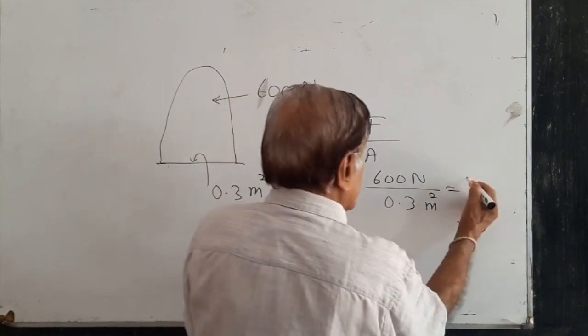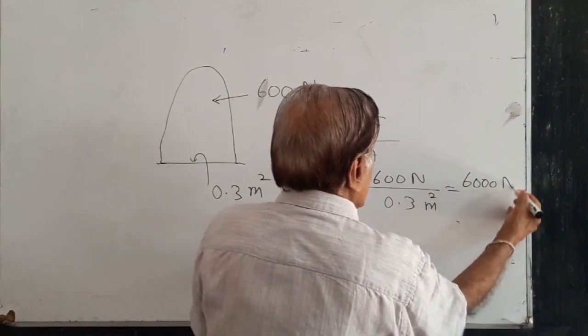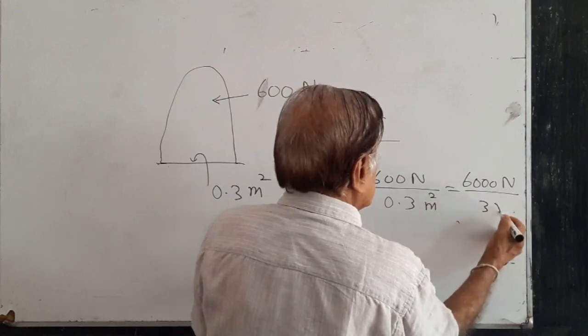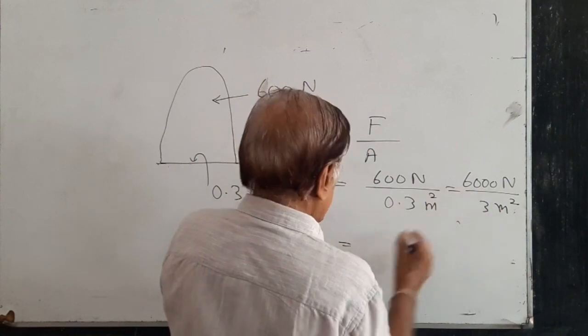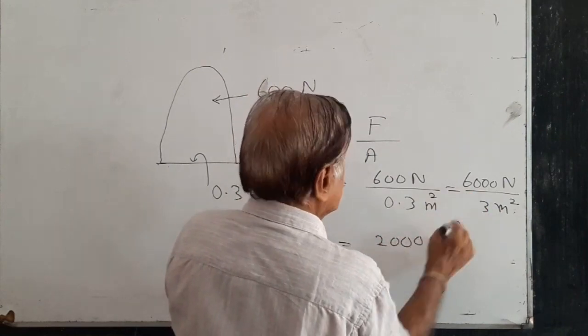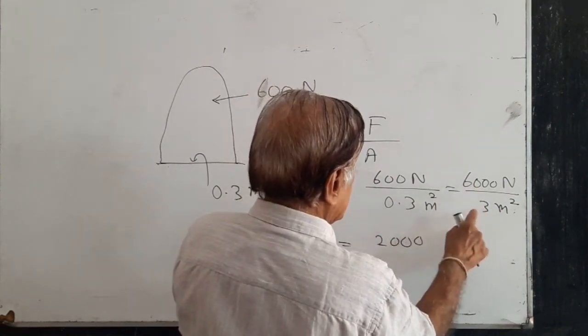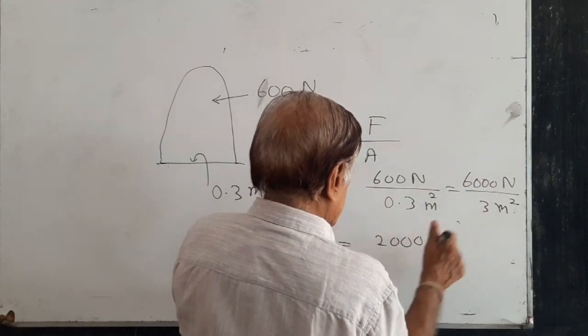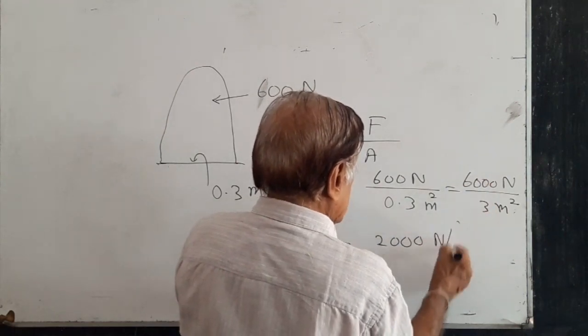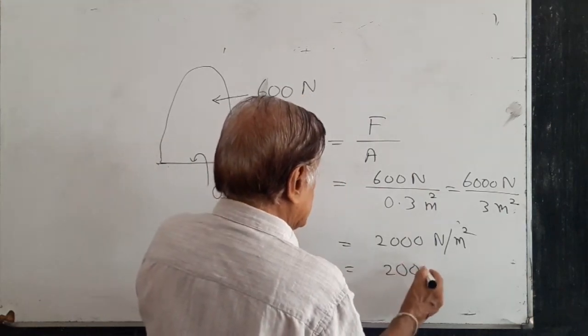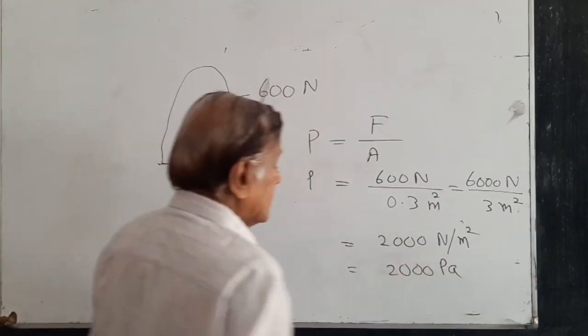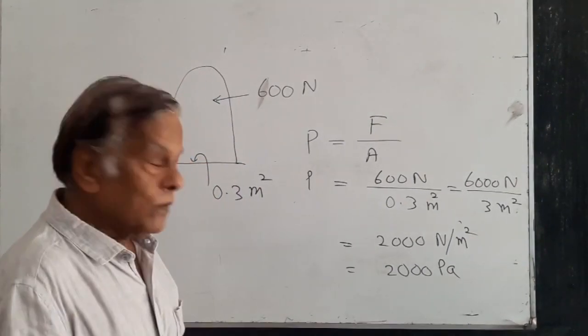It is equal to 6,000 newtons on 3 square meters. Therefore, when you divide this by this, you will get 2000 newtons per square meter or 2000 pascals.